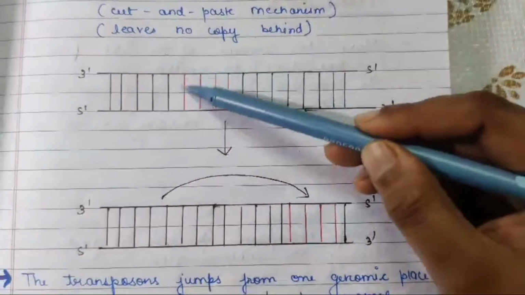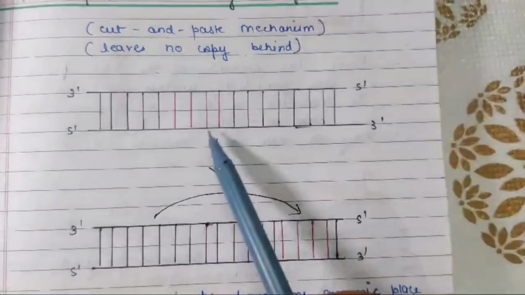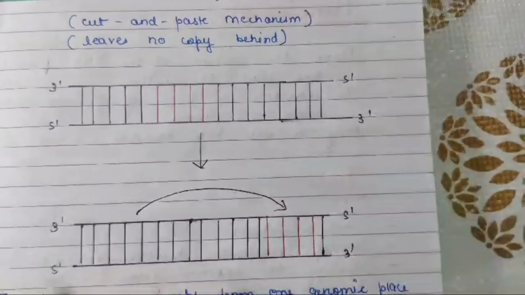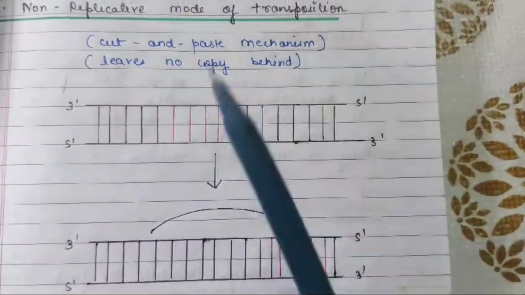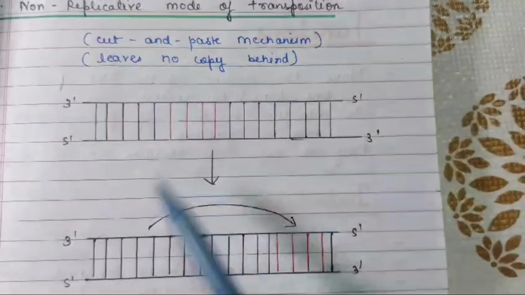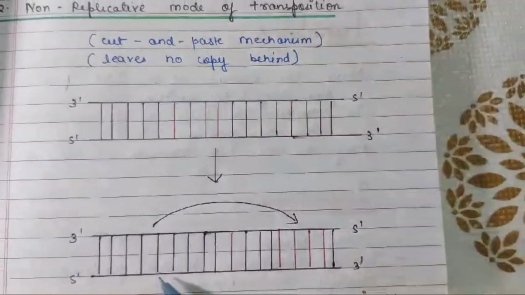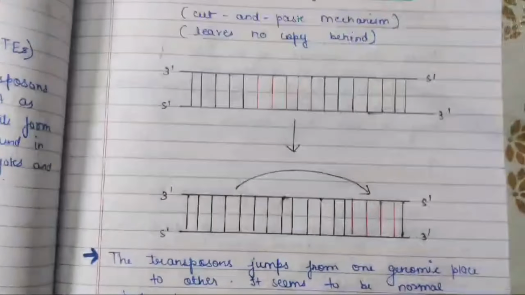See, it was firstly present here, but it is now present here. But its original location is not there. That is, cut and paste is followed and it leaves none of its copy behind. It is not present here. So this was about the non-replicative mode of transposition.